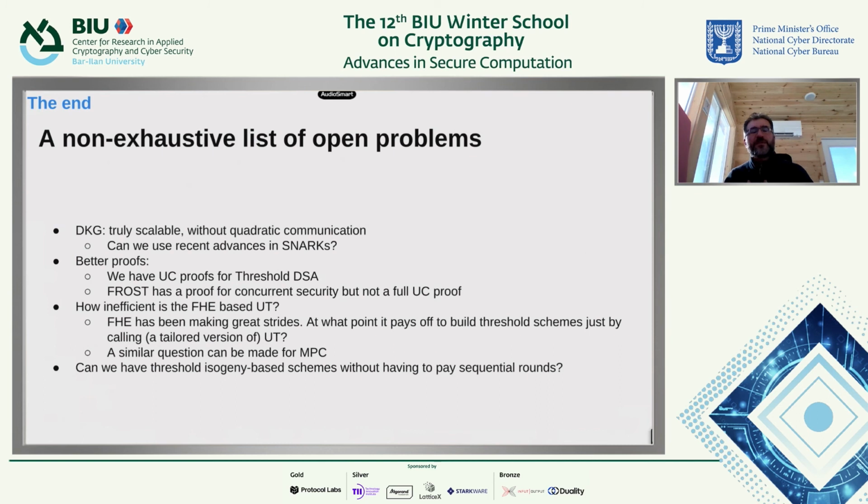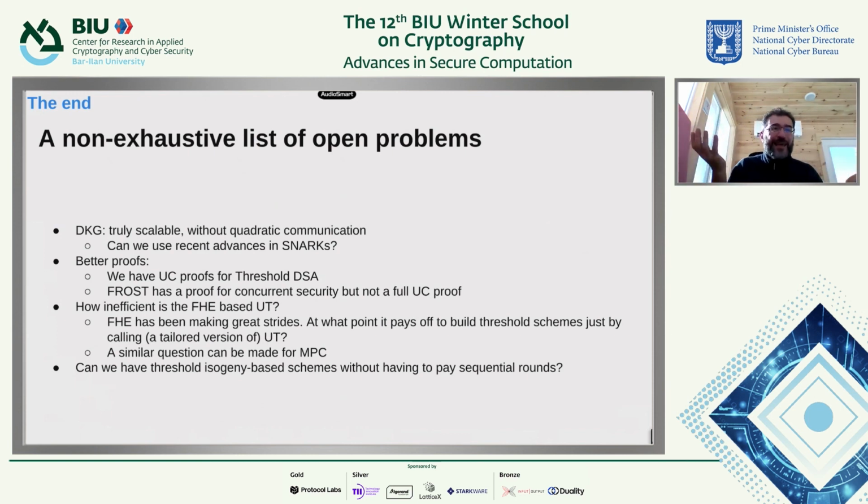Can we use recent advances in SNARKs? At least what I mean by less than quadratic is the public communication that everybody has to look at, because sometimes that's what goes into a blockchain. So you want to make that as small as possible. Can we use recent advances in SNARKs to do that? Can I just put a very small proof that everything is correct?